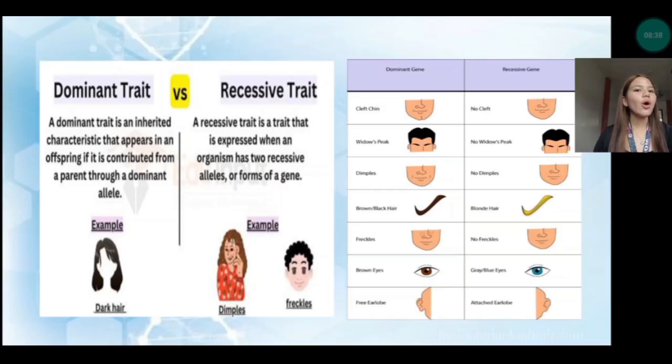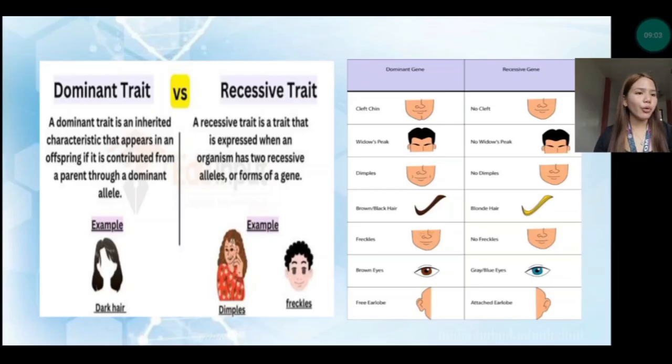And also, ang dominant alleles, ma-express lang na siya if they have dominant alleles or recessive, naka-lowercase or naka-capital. Always have to remember nga dominant alleles gihapon ang ma-express ana if you have two recessive trait.